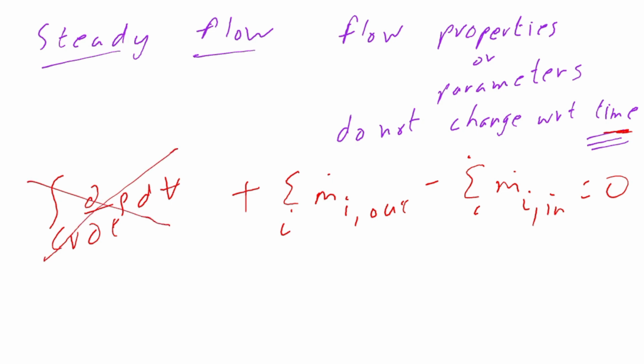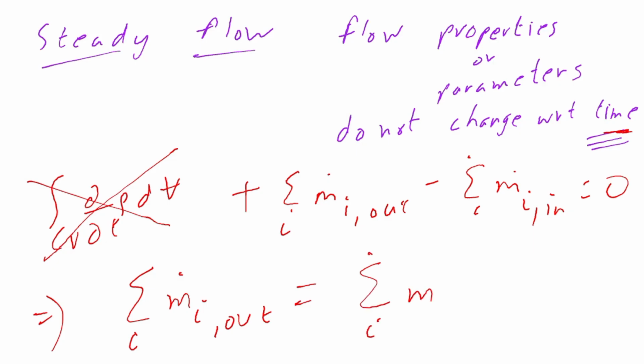None of the quantities with respect to the flow is changing with time, so this term will drop off. So essentially all that mass conservation says is the net amount of mass leaving the system should be equal to the net amount of mass coming into the system, right? So this becomes a further simplification of the mass conservation law.